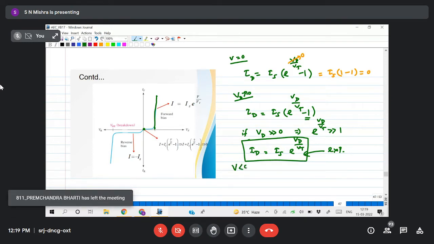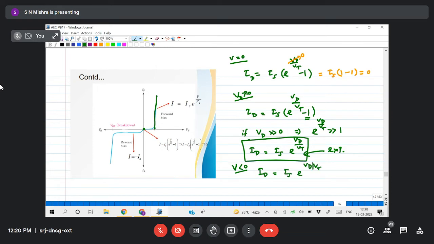Now when V is less than 0, ID equals Is e to the power Vd by Vt minus 1, and Vd is less than 0, so e to the power minus Vd by Vt equals 1 by e to the power Vd by Vt. This denominator is large, so the term is decreasing very fast and is much less than 1.